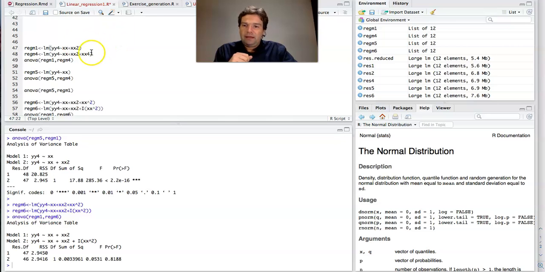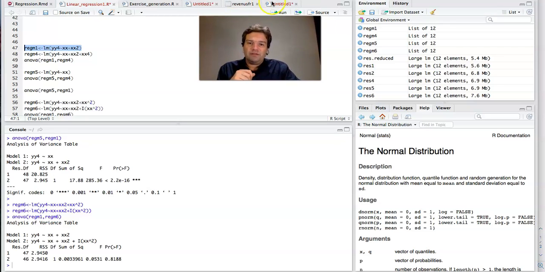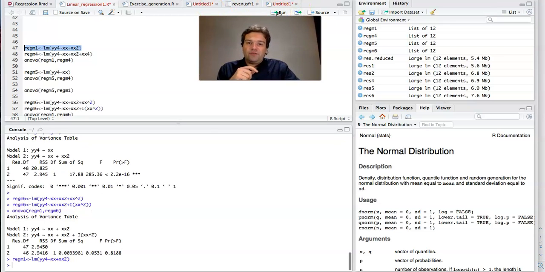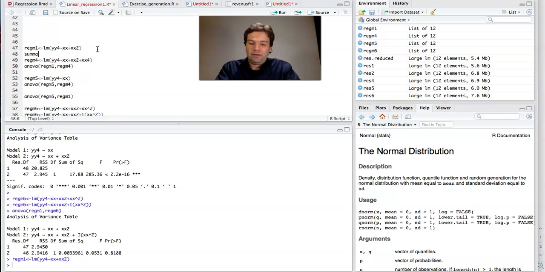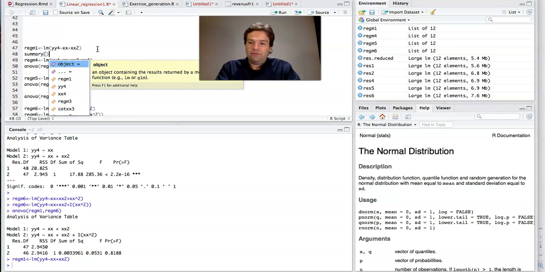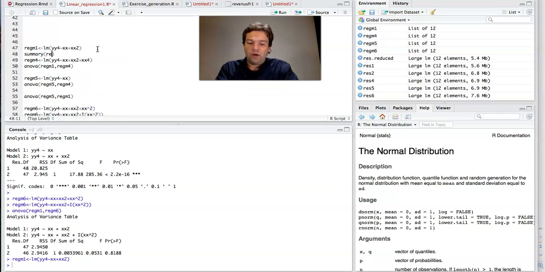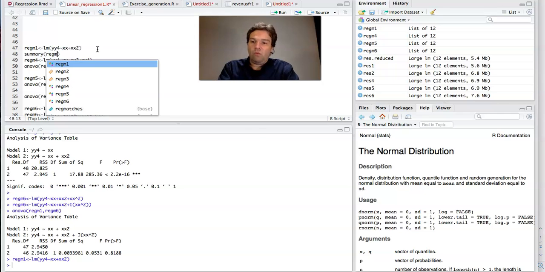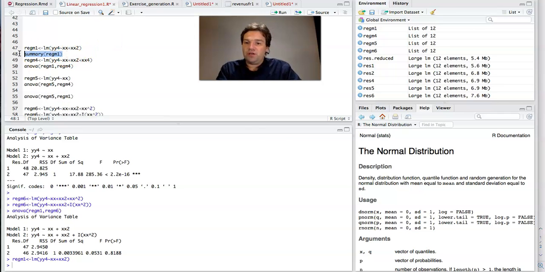If we run this command only, I'm going to put myself here. Therefore, let's run it. And we can ask for the summary of this object reg m1, which we defined.